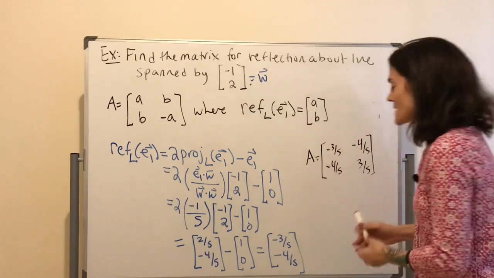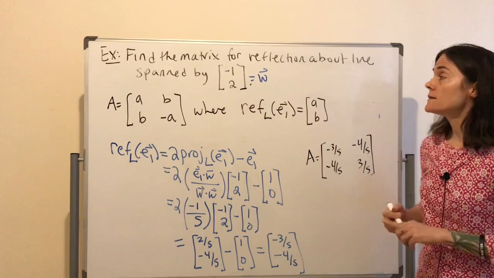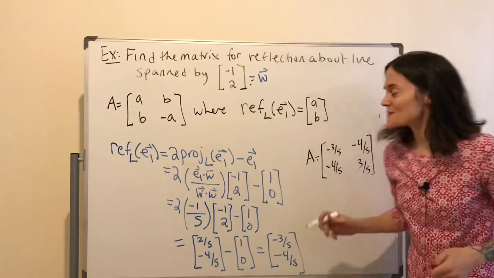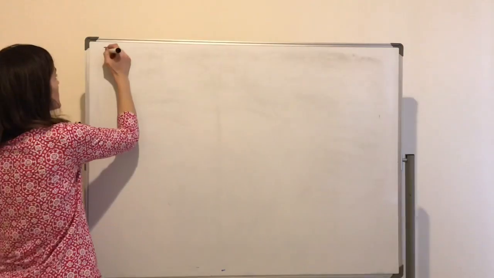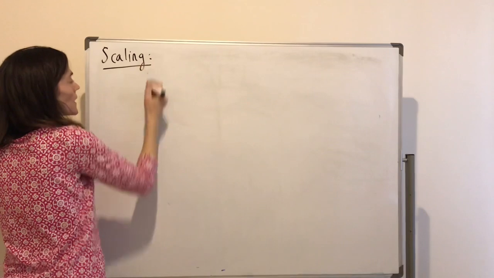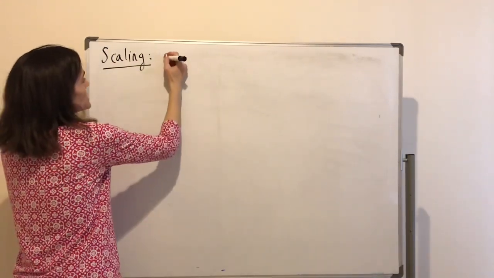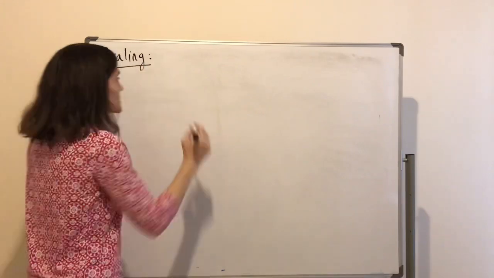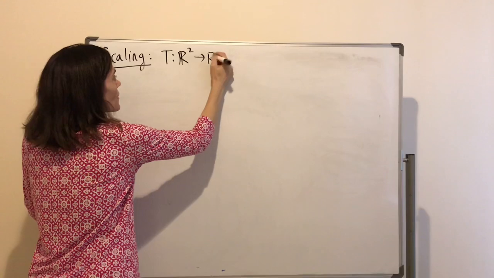This is the matrix that will reflect about the line that is all multiples of this vector here. Perhaps the easiest one: what is scaling, or what matrix does scaling? Again, I'm really just thinking R2 to R2 for the remaining three.